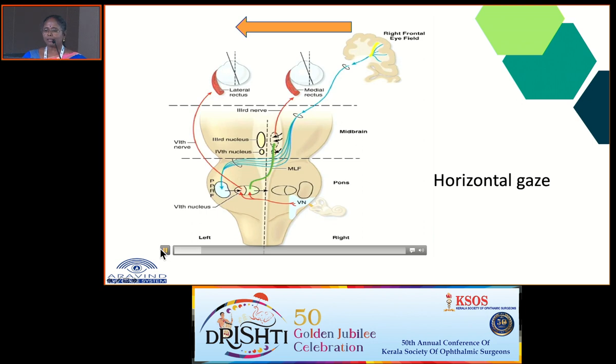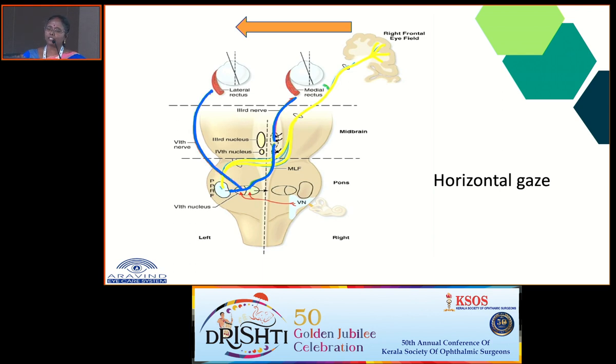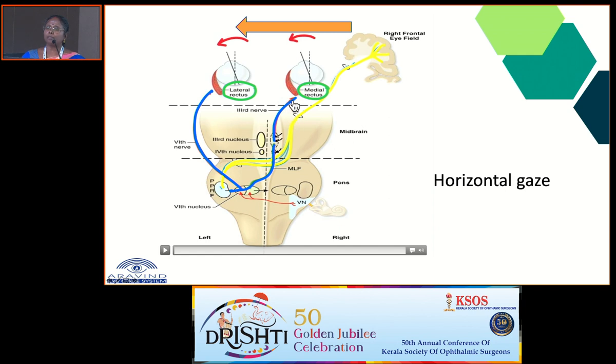The command comes from the right frontal field to the left PPRF, from which it goes to the sixth nerve nucleus, which innervates the left lateral rectus. Through the MLF, the innervation also goes to the medial rectus. So this is the horizontal gaze saccadic pathway. Any lesion along the pathway causes a limitation of movement.